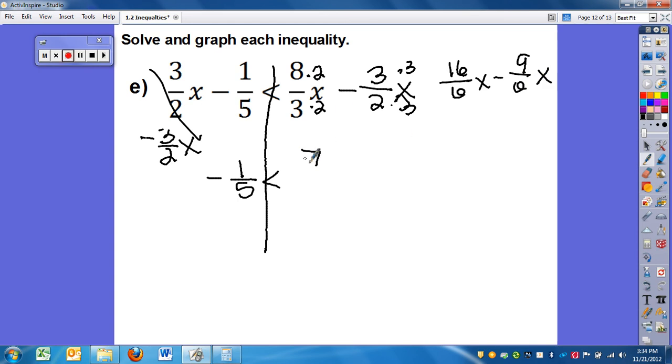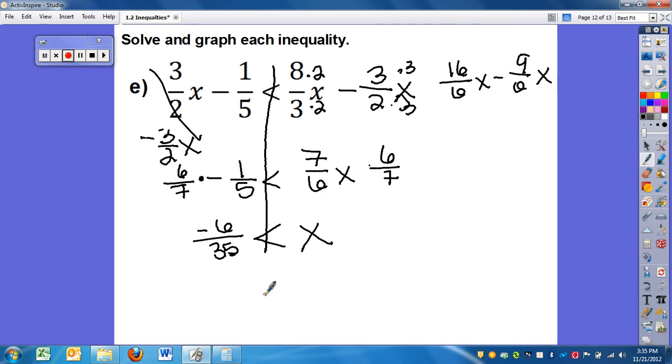So I get 7 over 6x. So here I need to cancel this out to get them multiplied by the reciprocal, which is 6/7. Multiply this side by the reciprocal, because again with equations, what you do to one side, you have to do the other. I multiply by a positive, so my sign stays the same. I get negative 6 over 35.